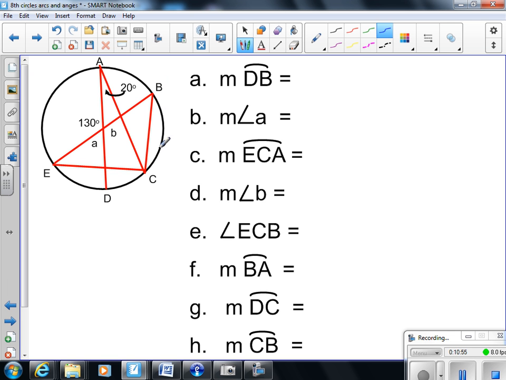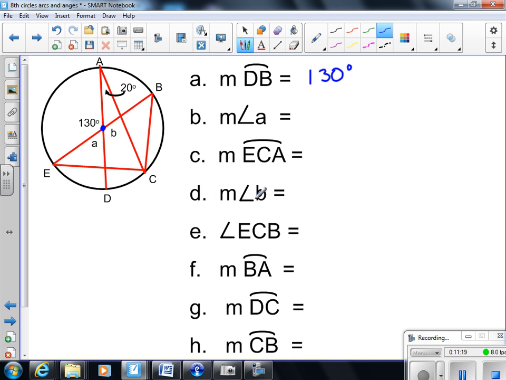Find its central angle. Its central angle is angle B. What is the measure of that angle? 130 degrees because those two are vertical angles. Very good, using your previous knowledge. Therefore, the measure of that arc will be 130 degrees.